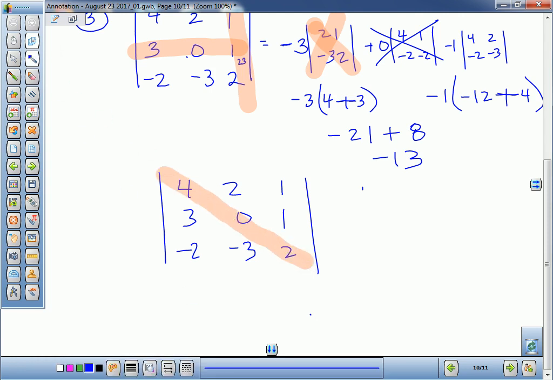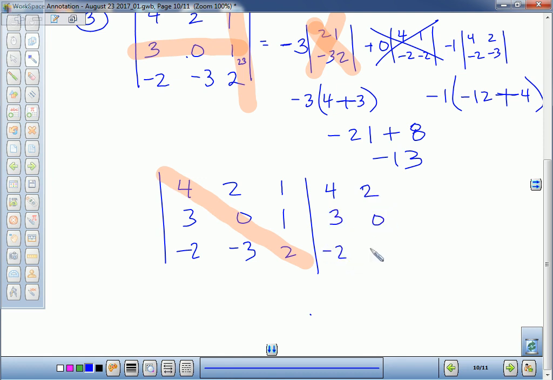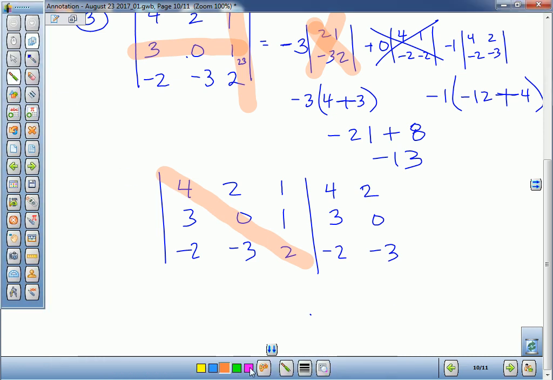But what we can do, and what I didn't show you to begin with, is we can repeat the first 2 columns, so that we can continue with our diagonals.